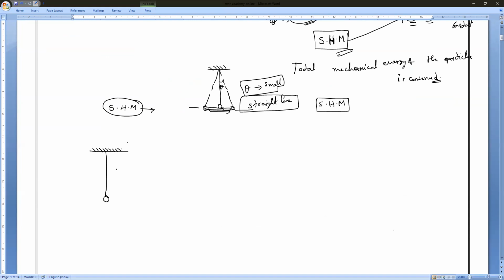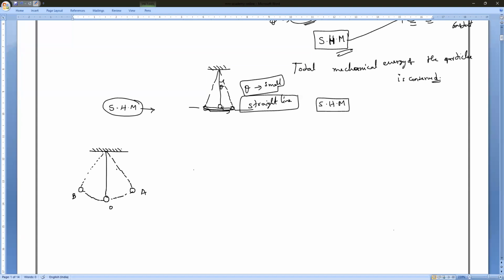If I take any point, a small angle, that is point A. What do we call point A? Extreme position. And in the same way, it comes to the mean position and on the opposite side there is another extreme point, that is point B.